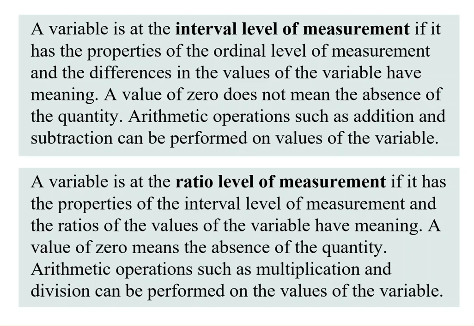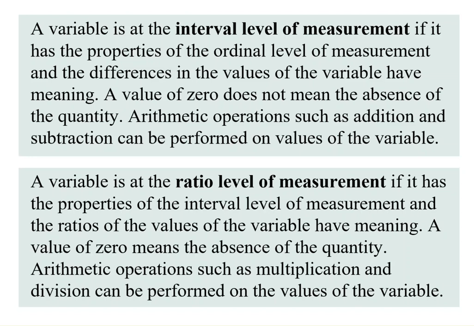An example of that, a pH scale, which is used to measure how acidic or basic water is. The pH scale goes from 0 to 14. So you can measure pH and get a value of 0. That does not mean that there's no pH. That just means that that measurement on that scale is 0.